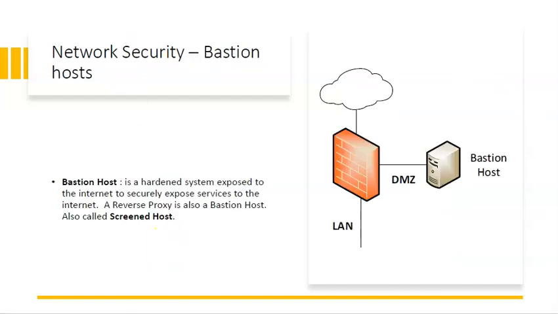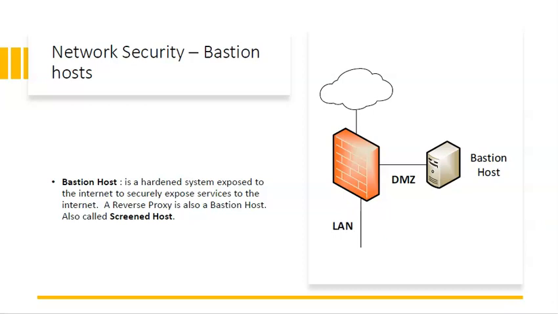So the next security component is a bastion host. Bastion host also means screened host. A bastion host is a special purpose computer on a network which we design specifically for a particular purpose, and it is configured in such a way that it can withstand attacks. And we can do the same by minimizing the threat landscape of the system. Minimizing the threat landscape means disabling and removing all the extra services.